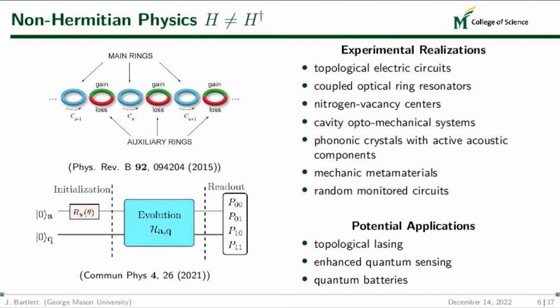You can then evolve your larger Hermitian system through time, and then at the end you take a measurement and post-select a particular state, and you're able to recover the time evolution of your original non-Hermitian system. So this is an interesting way that non-Hermitian systems have been realized. It's been done using qubits, and it's also been done using nitrogen vacancy centers. But it shows an interesting connection between measurements, or continued measurements, and non-Hermiticity.